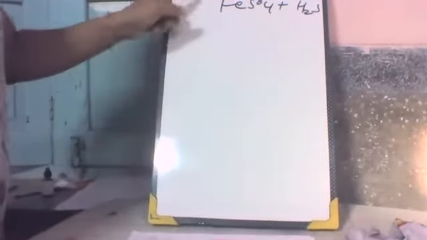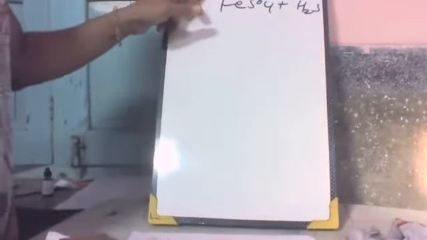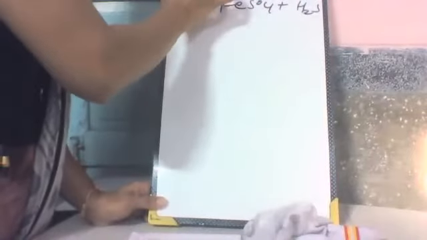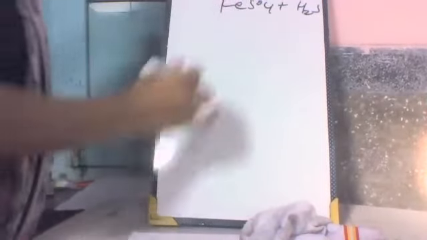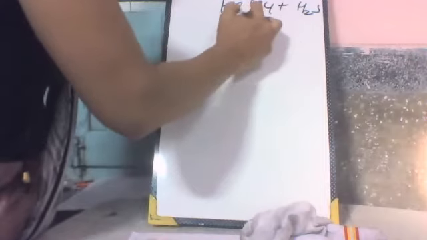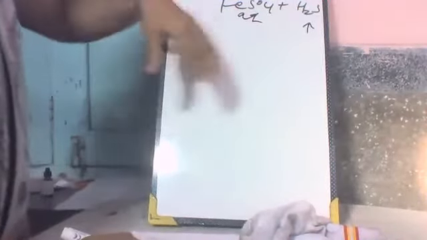On reacting, the sulfate takes the place of sulfide, and the ferrous Fe takes the place of hydrogen and forms the new substance, ferrous sulfate, which is an aqueous solution, and this gas evolves.